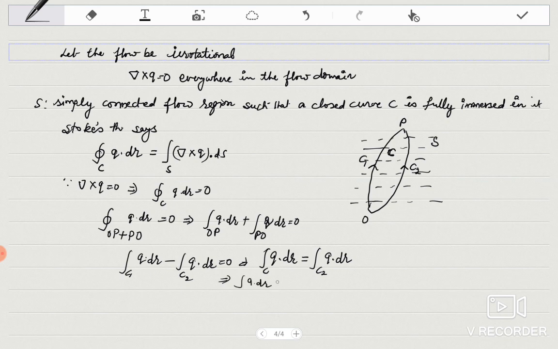q dot dr does not depend on path but depends on endpoints.